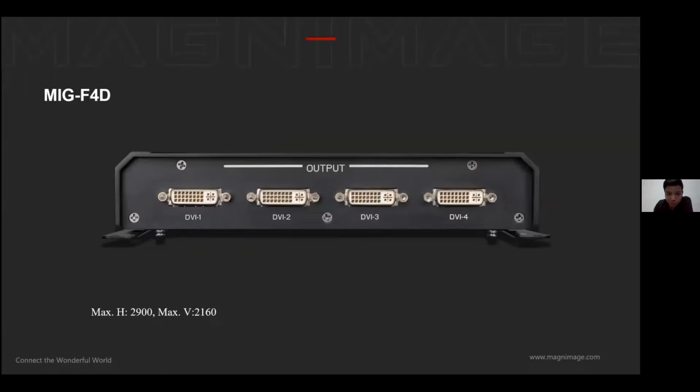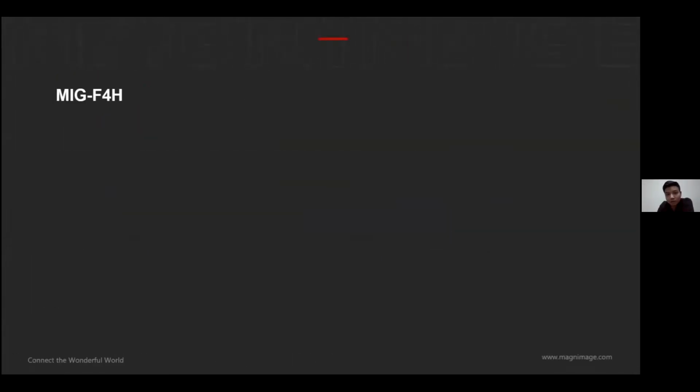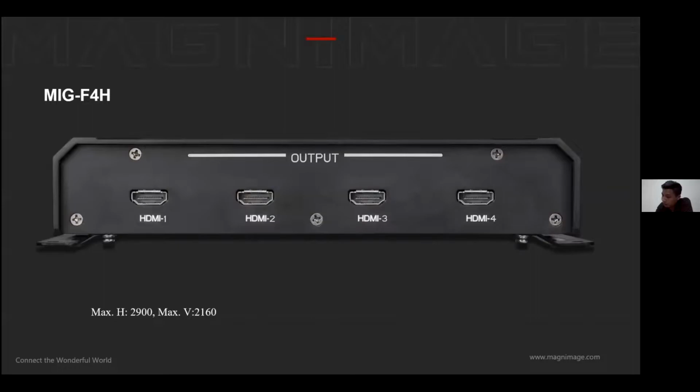And for the output, the 4K mosaic box, we have two types. First one is 4 DVI outputs, so we call it MIG-F4D. The D means DVI. Another is MIG-F4H.